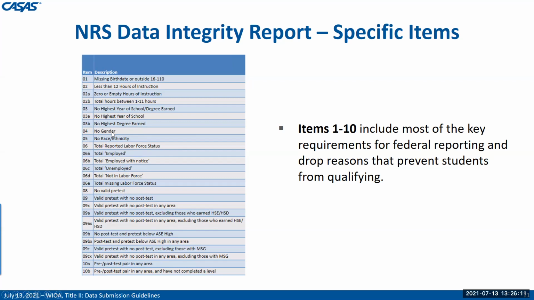For example, if a student has no gender, it will give you the number of students who have no gender, and these will automatically disqualify the student for other benchmarks. So it is important to try to enter all of these items from 1 through 10 when available.